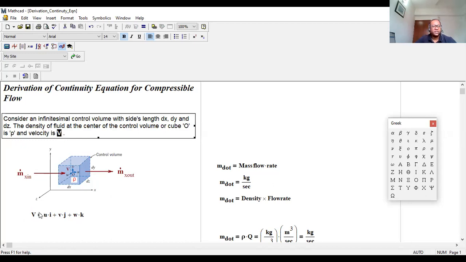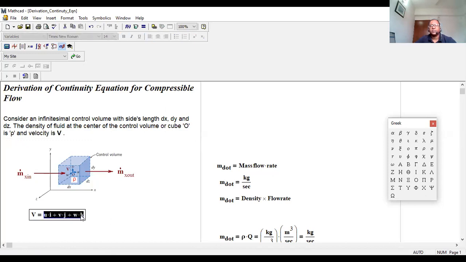Okay, and this is the velocity vector. So along the x-axis, some mass enters the control volume and some mass gets out. And what will be the mass deposited inside the control volume? You can say m in minus m out, right?